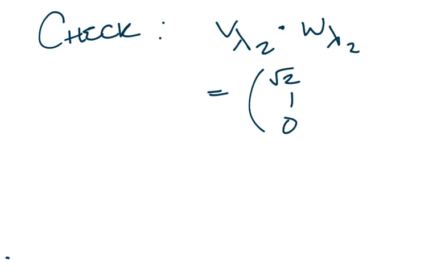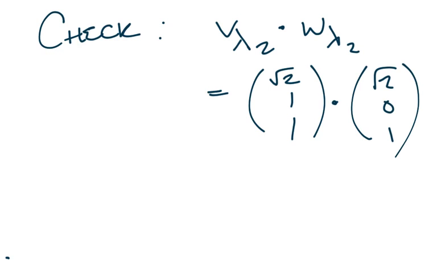This is root 2, 1, 1, dotted with root 2, 0, 1. And this is going to be 2 plus 1, which is 3, not 0.